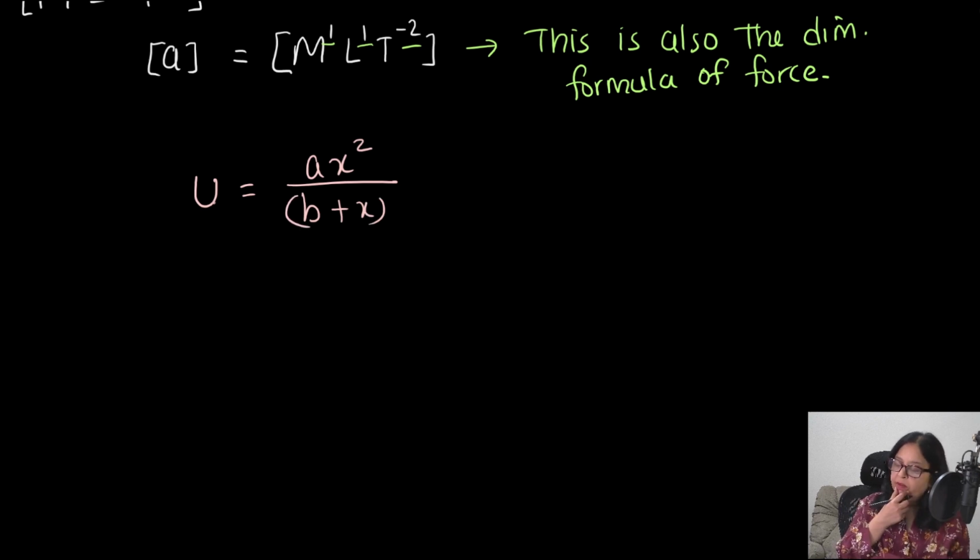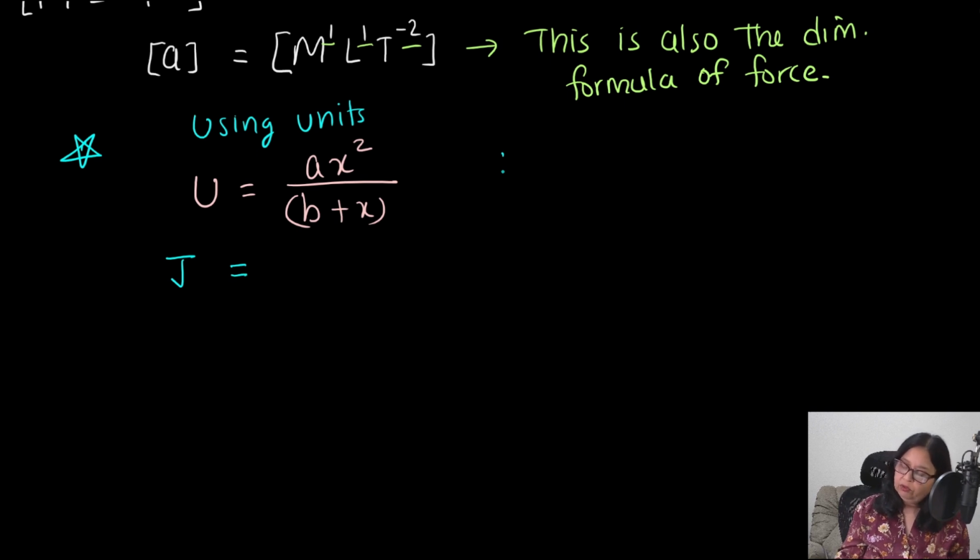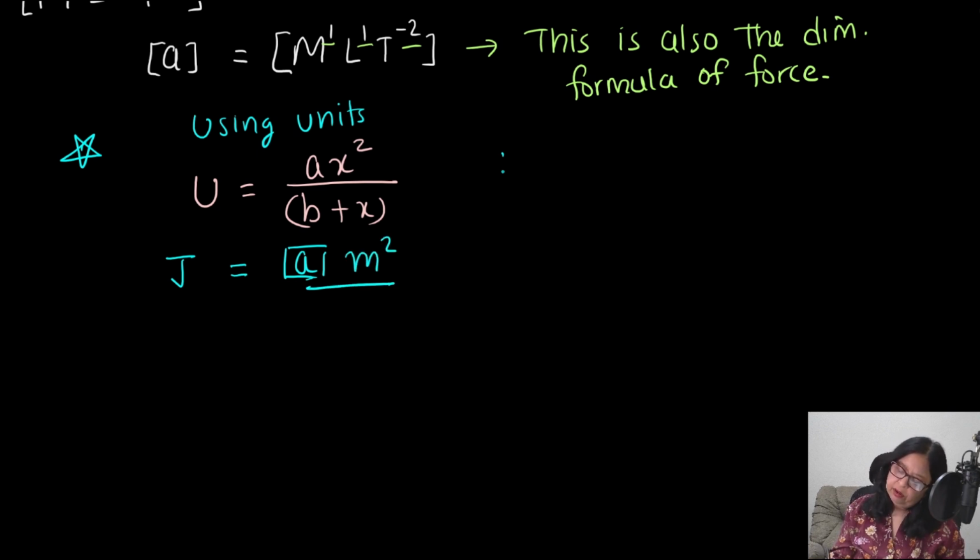Okay, so we're given this formula, right? We know that. Now doing it using units. Here, another solution, using units. What's the unit on the left-hand side? Energy is measured in joules, J. I want to know the units of A. So let me put this A in a box, implying that I'm trying to find the units of A. Unit of X is meter square.